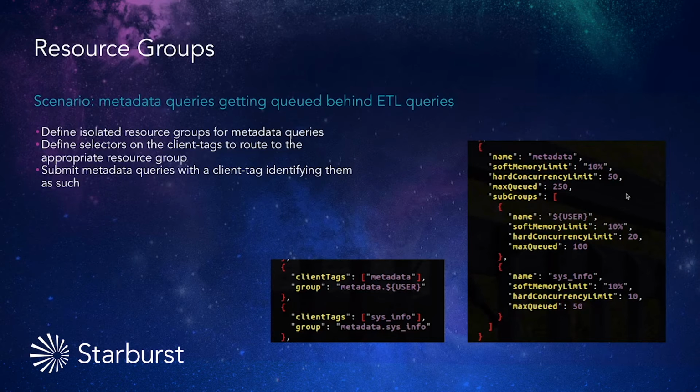And by specifying an overall total and then subtotals within these groups, we're able to buy some leeway for even a single or a pair of highly active users to prevent them from completely saturating that queue or the concurrency for this particular resource group and allow others to continue. And also fully isolating them from our ETL queues and execution groups.